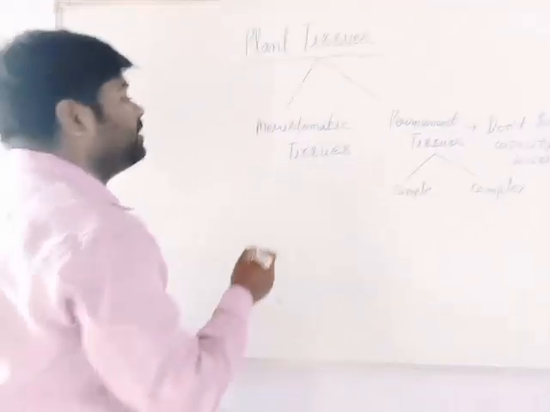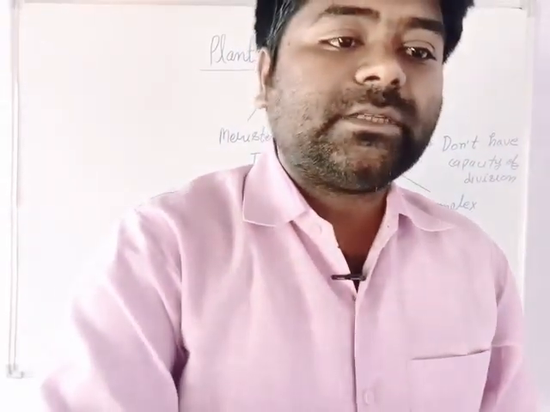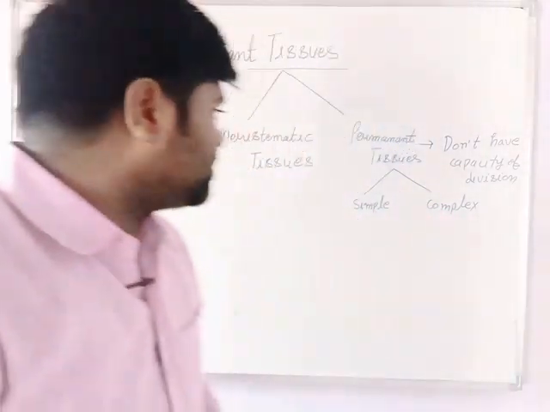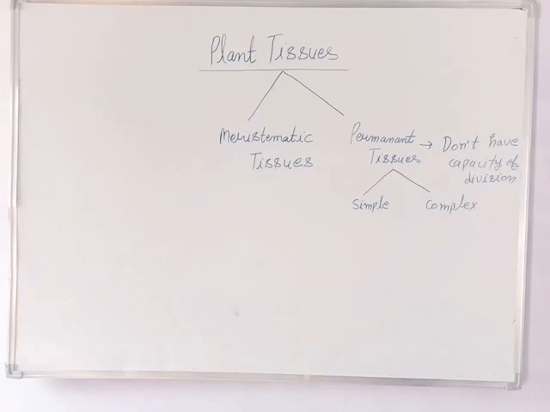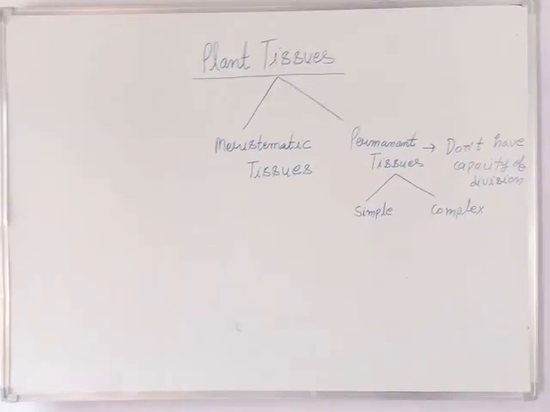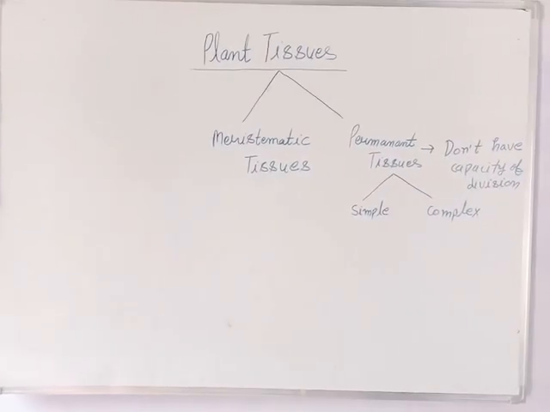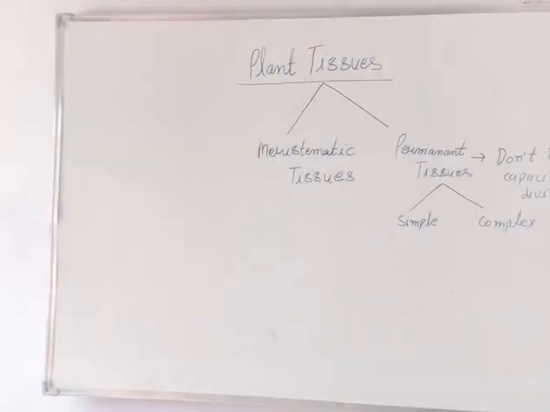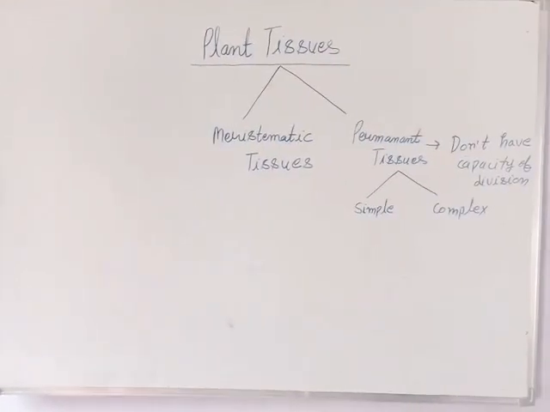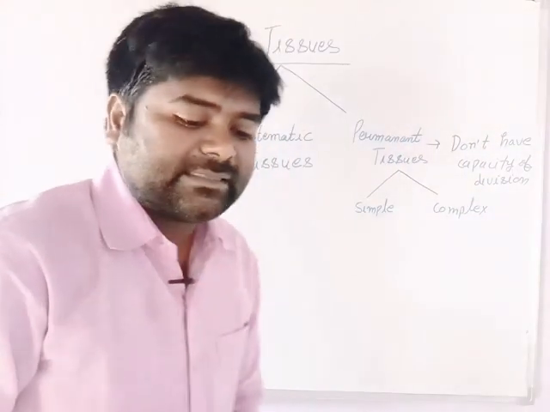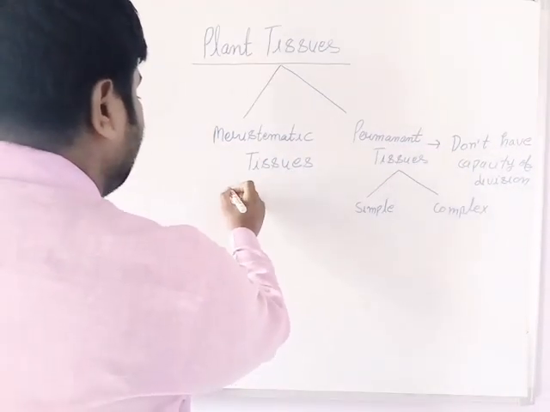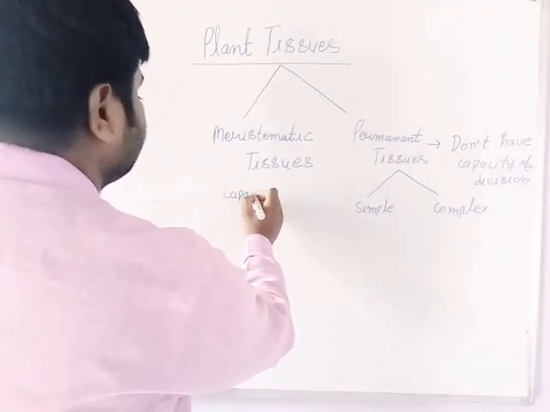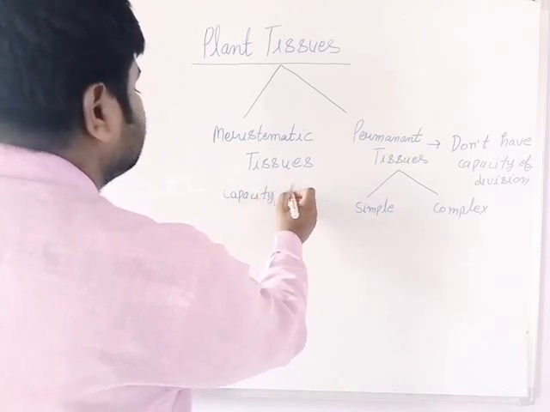That's why they are permanent. Meristematic tissues, on the other hand, have the capacity of division all the time. They keep on dividing and forming new cells, and then we have the formation of tissue.